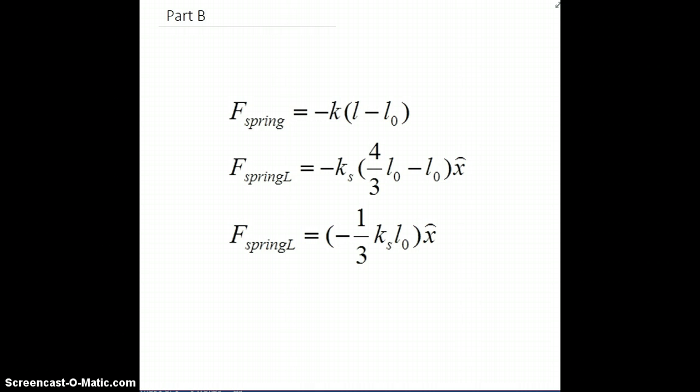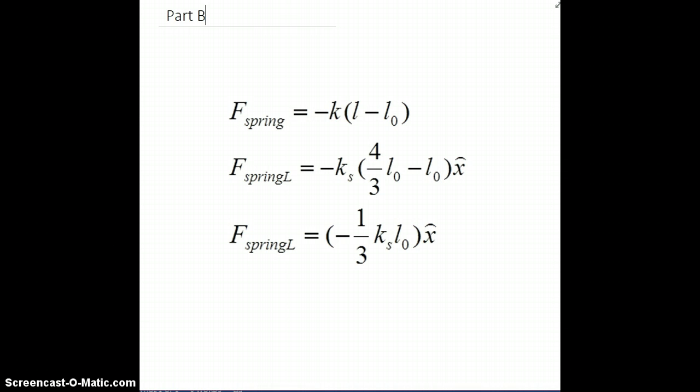I started by calculating the force of the left spring. The force of a spring is equal to negative k times the displacement of the spring. I then replaced these variables with the values given in the problem, which changed the equation to negative Ks times 4/3 L0 minus L0 in the positive x direction. After simplifying, I determined the force of the left spring was equal to negative 1/3 Ks L0 in the plus x direction.